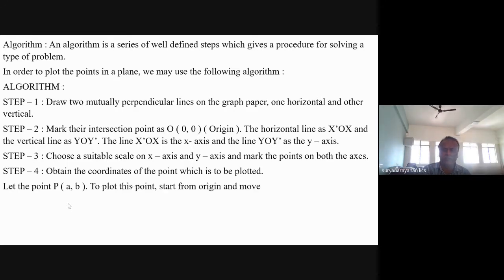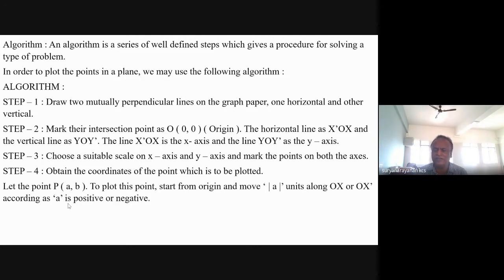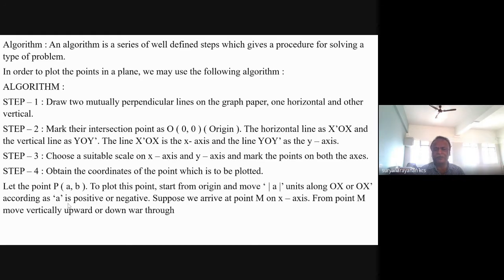To plot this point, start from the origin. Listen carefully, my children. This is an important step. Start from the origin and move modulus of a units along the x-axis, along OX or OX', according as a is positive or negative. Suppose we arrive at the point M on the x-axis.